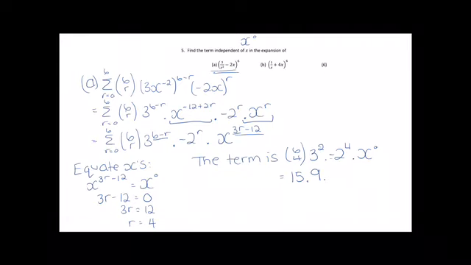So we've got a negative to an even power, so it's going to give us a positive. 2 times 2 times 2 times 2 is 16. And then we're timesing it by x to the power of 0, remember, is just 1. So when you multiply all that together, you get 2,160. So the term independent of x is 2,160.